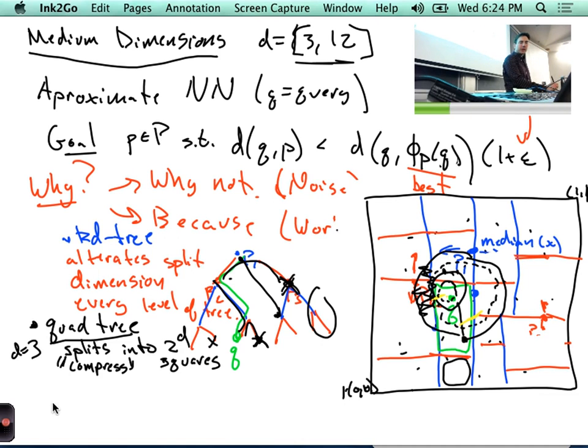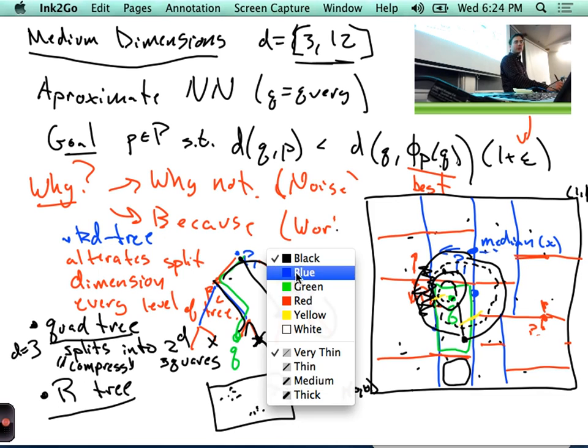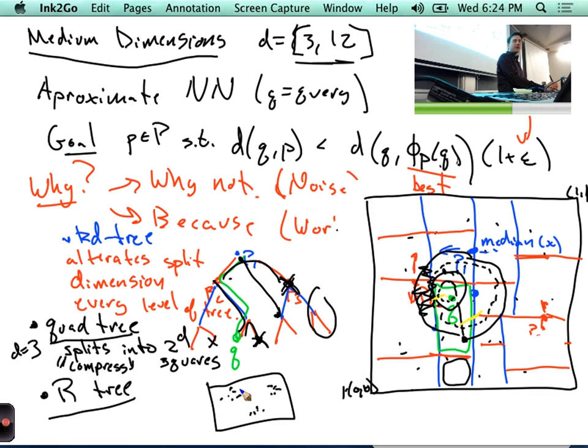And then the other technique I'll mention is what's called an R tree. That's where your points are here, and at one node of the tree your points may be clustered in some way. And so what you do is you guarantee that every level of the tree is a rectangle, but you fit each node with a small number of rectangles on your points.